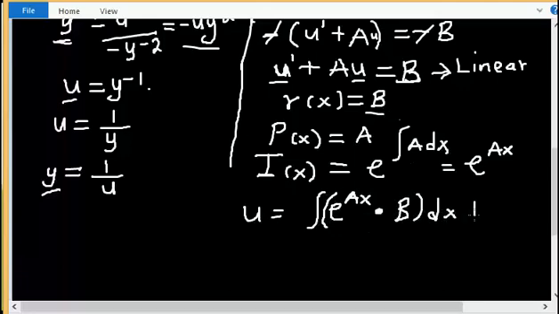Don't forget to also bring in your constant, then divided by the integrating factor, which is exponent of ax.